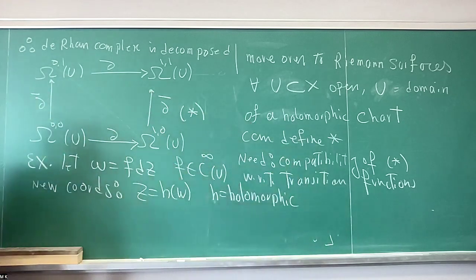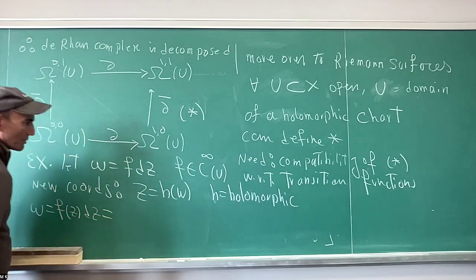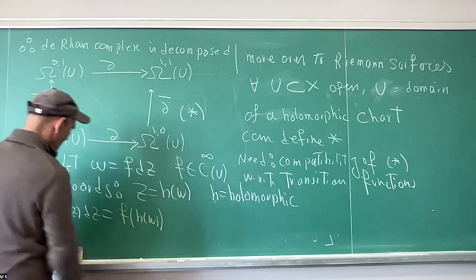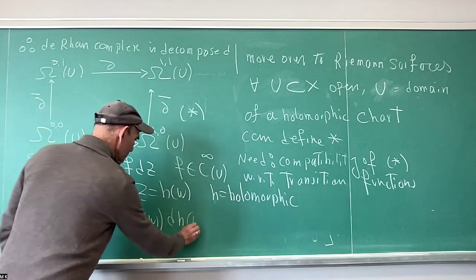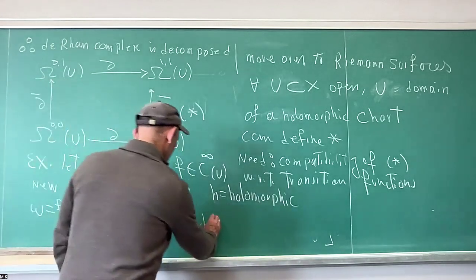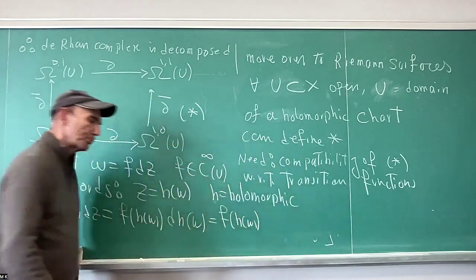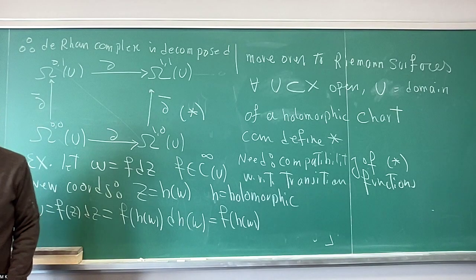When you go to this new coordinate, omega, which is f of z dz, takes the following form: f of h of w, and then we have d of h of w. What is d of h of w? h prime dw.